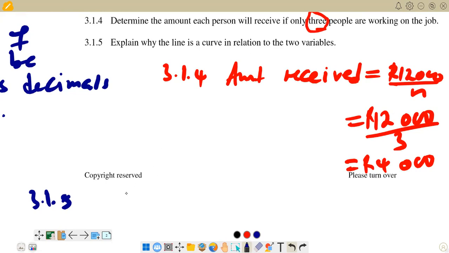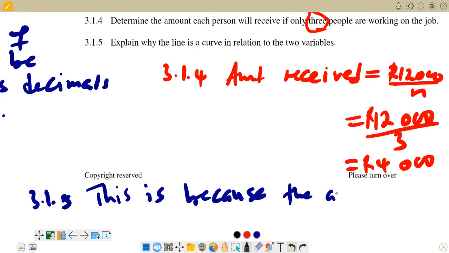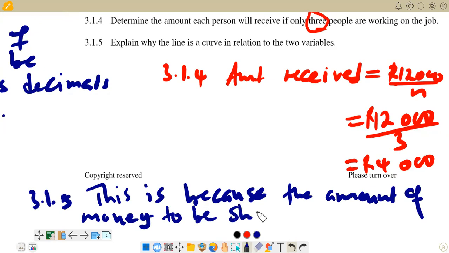3.1.5 says explain why the line is a curve in relation to the two variables. This is because the amount of money to be shared cannot be equal to 0.